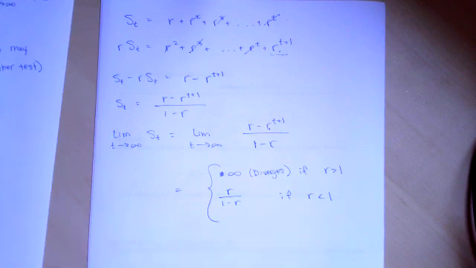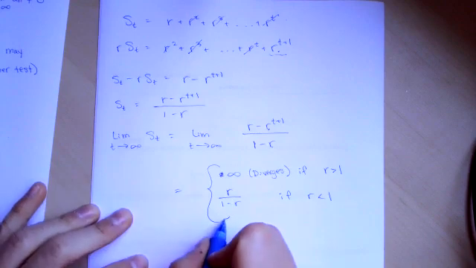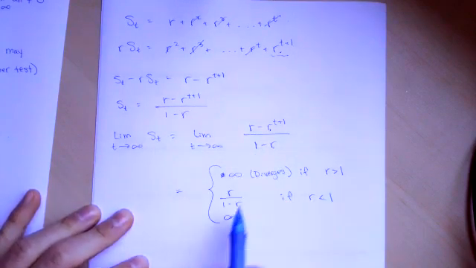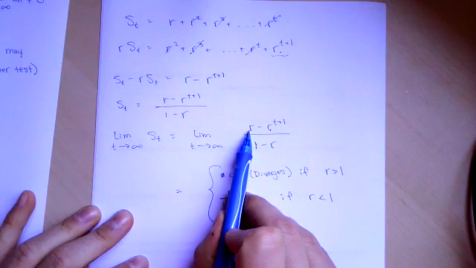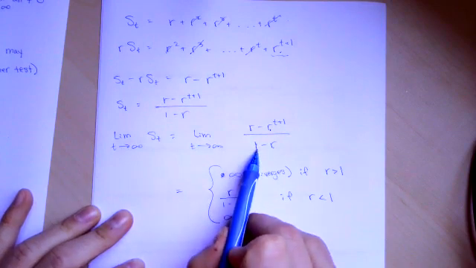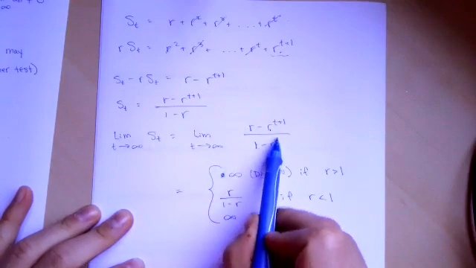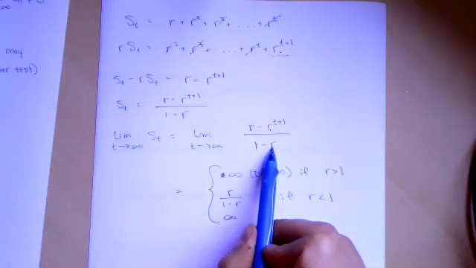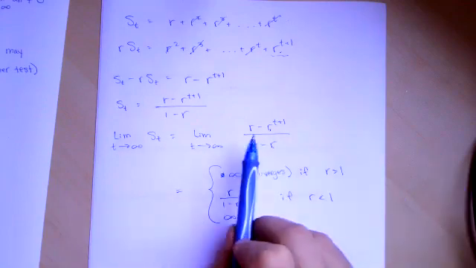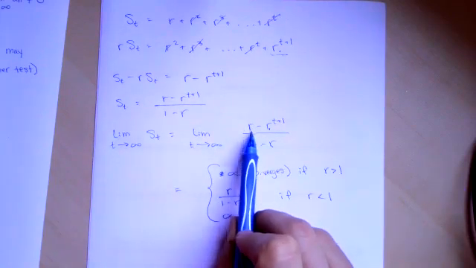What happens if r is equal to 1? This test doesn't quite conclude, but if r is equal to 1, we will get 1 minus 1 divided by 1 minus 1, so 0 over 0. You could do L'Hopital's rule if you want for these r's.